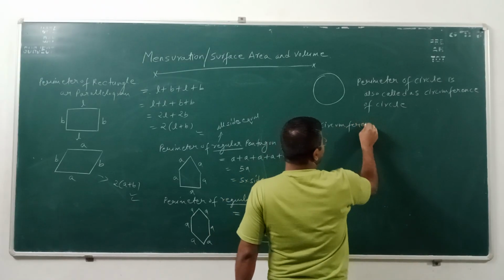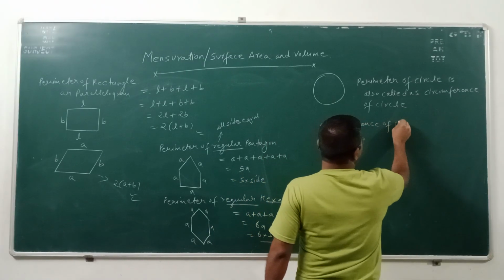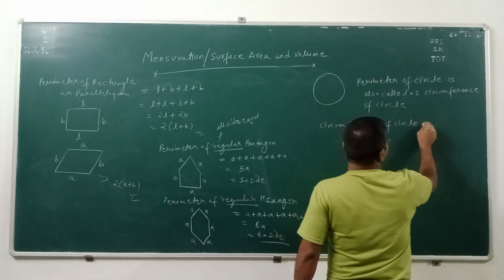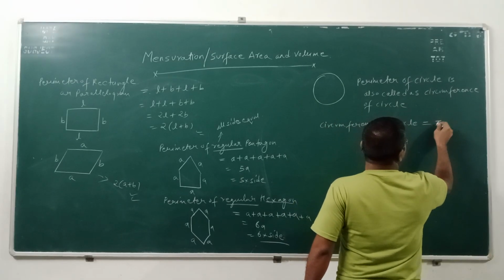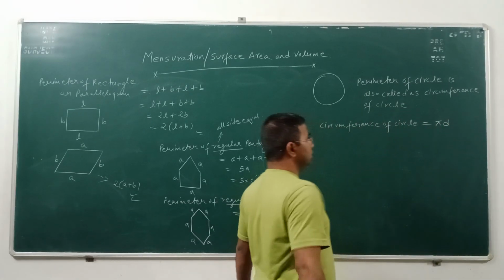The circumference of a circle can be given as pi d. What?